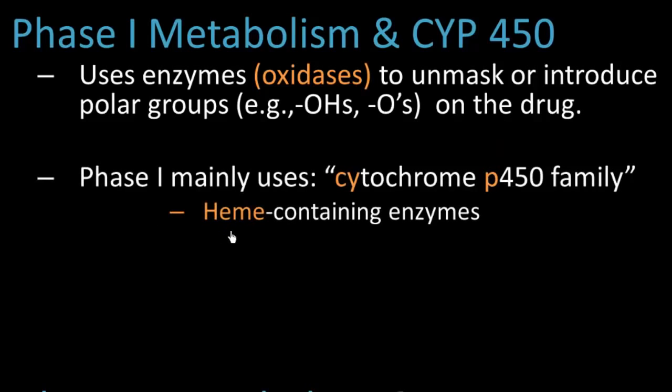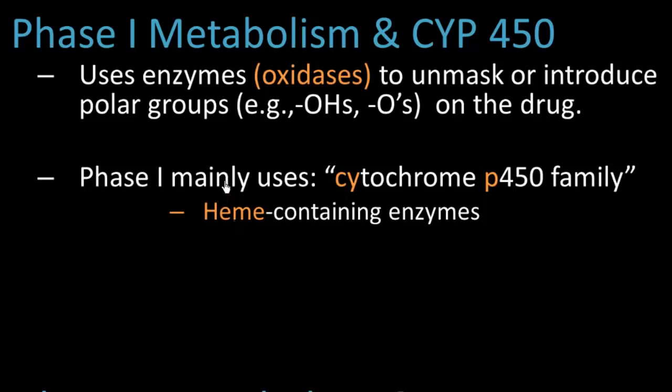Well, these are heme-containing enzymes. And just a little historical tidbit, remember that heme binds oxygen, but more than oxygen, heme binds carbon monoxide. And so when heme binds and forms carbon monoxide, the maximum wavelength that it absorbs is 450 nanometers, and that's where the name comes from.